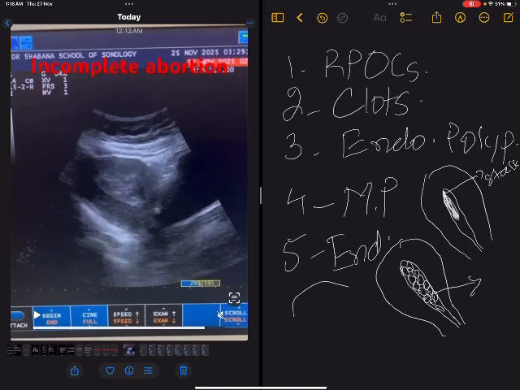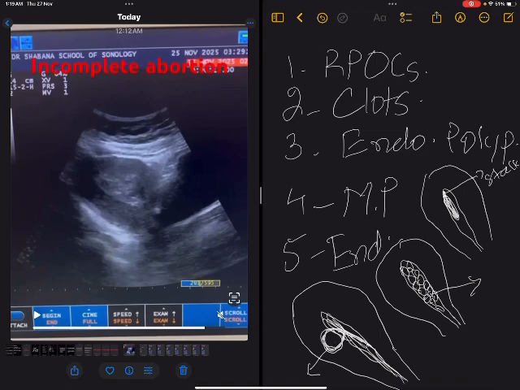In case of submucosal fibroid, if suppose this is the endometrium, here you can see a hypoechoic area which is touching the endometrium. So it shows peripheral vascularity, and there won't be any central vascularity at all.